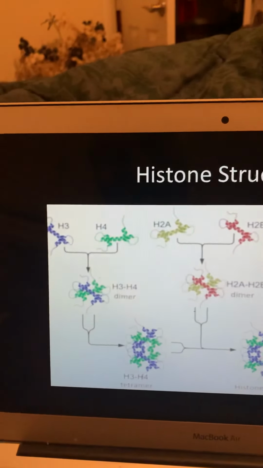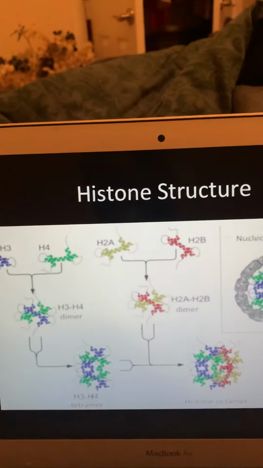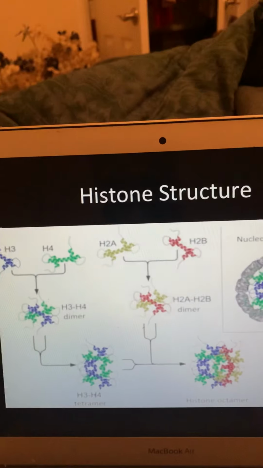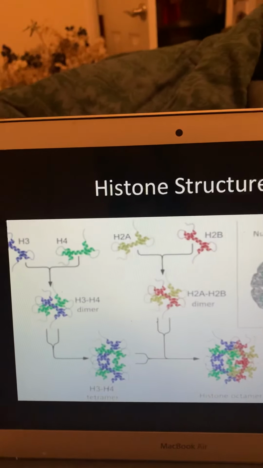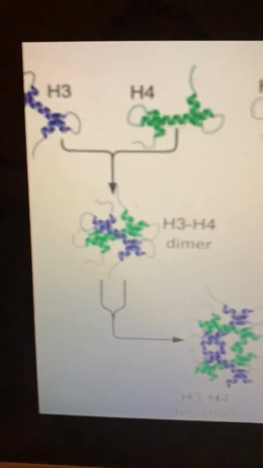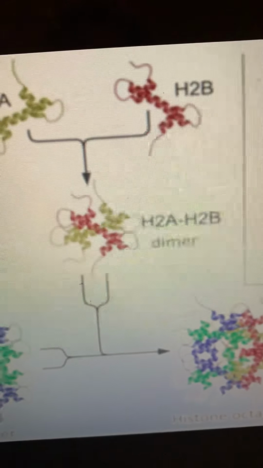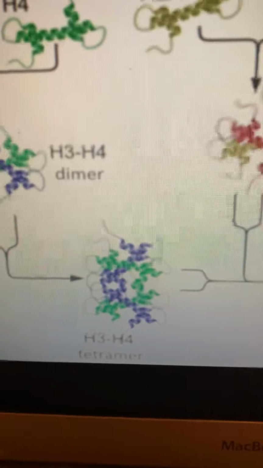And then the secondary structure also shares a commonality, which is a domain called the histone fold. The histone fold is composed primarily of three alpha helixes. You can see those over there, and they all come together.